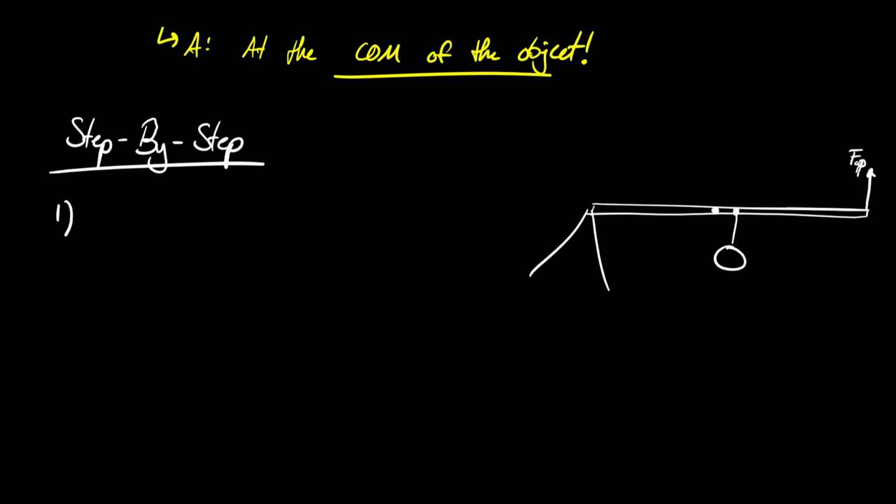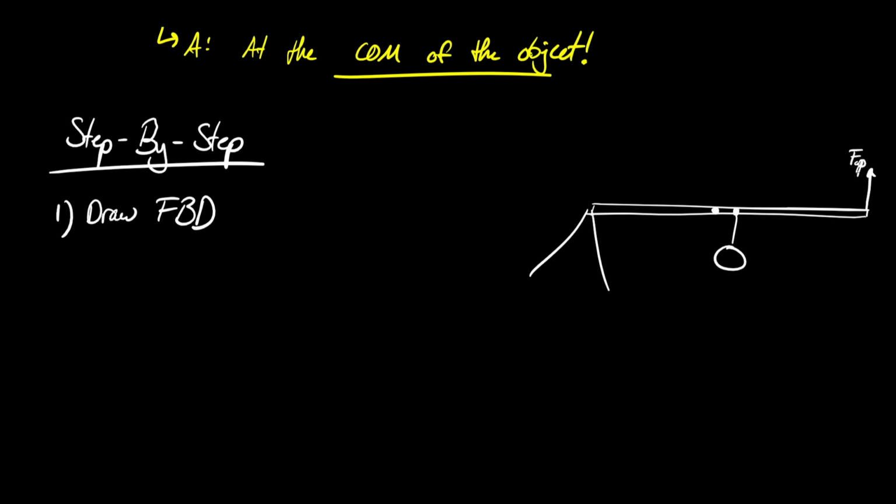So step one is going to be to draw the free body diagram as usual. Now, fortunately, you won't have as much difficulty drawing the free body diagram, since you won't have much to do with friction and annoying forces here.